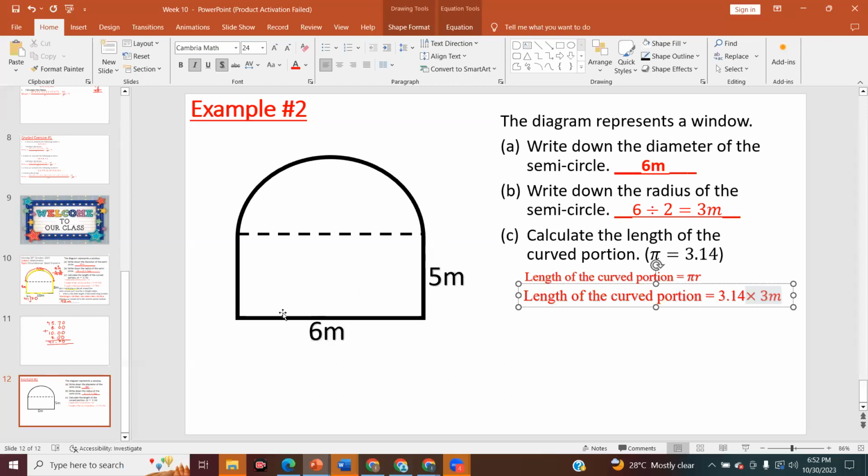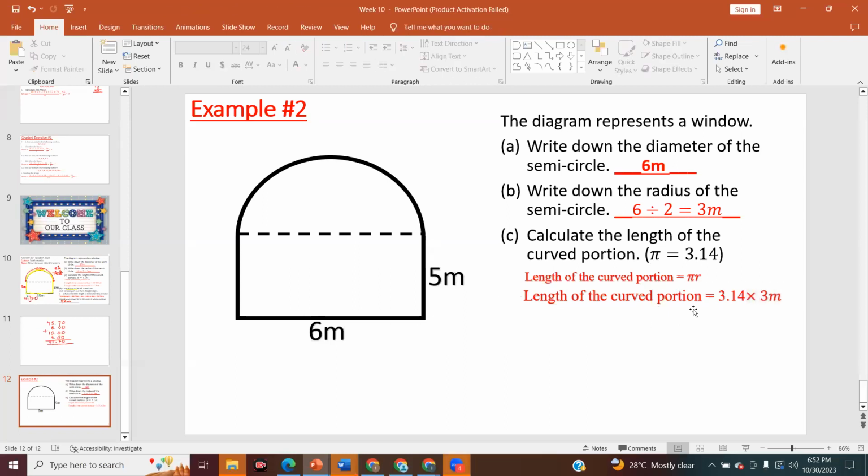Please do not use 6. So the length of the curve portion is 3.14 times 3. I only see 8 persons answered so far. Where are the rest of you?